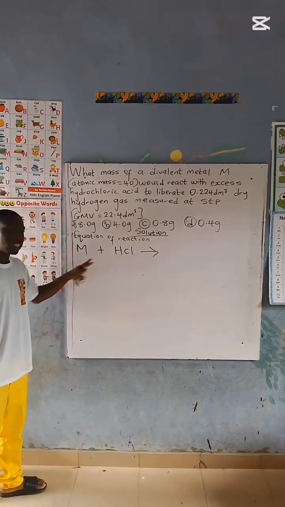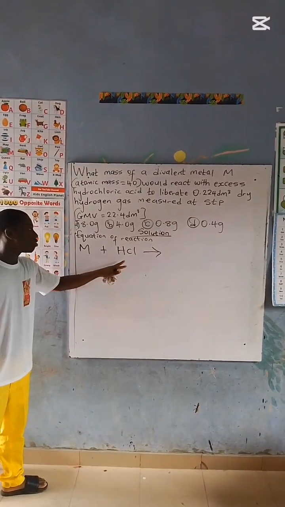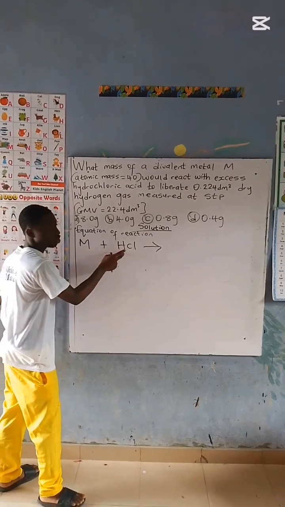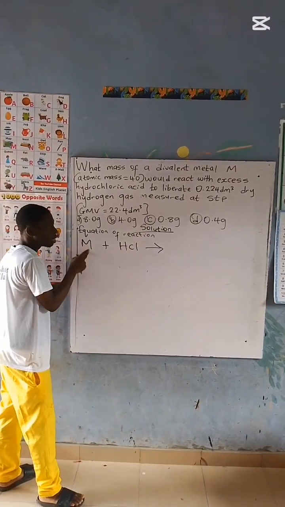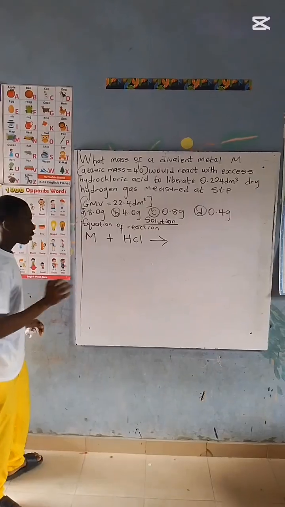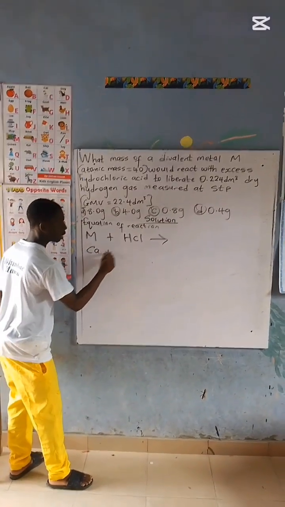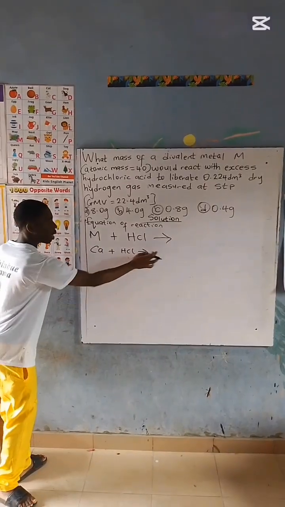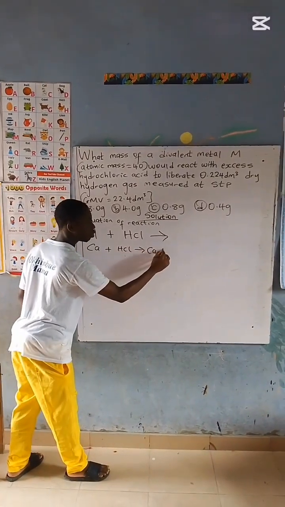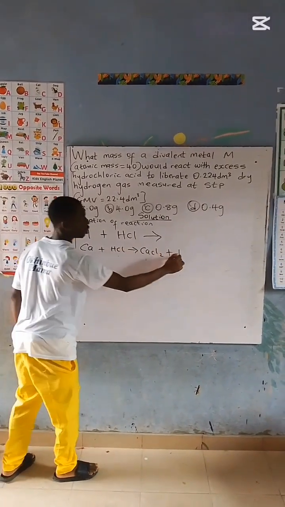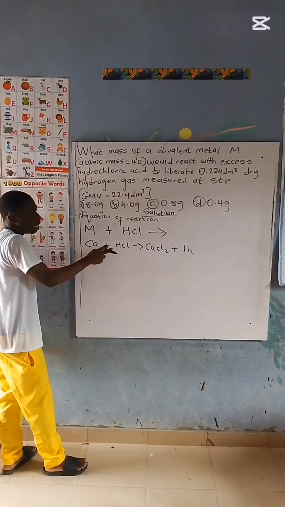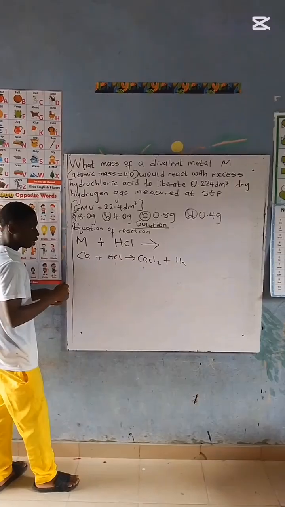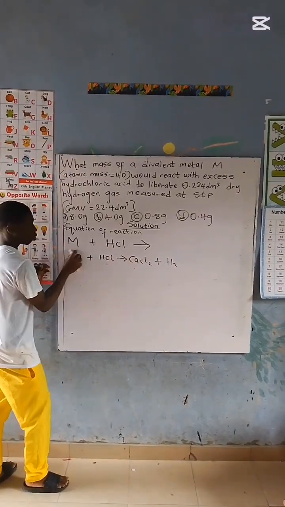From here you can deduce that a displacement reaction will occur, because this metal M will displace hydrogen to get the metal chloride. Take for example, I have calcium and hydrogen chloride. If I were to bring about the product, I will have calcium chloride plus hydrogen. Why? Because calcium displaces hydrogen and is being given as calcium chloride.